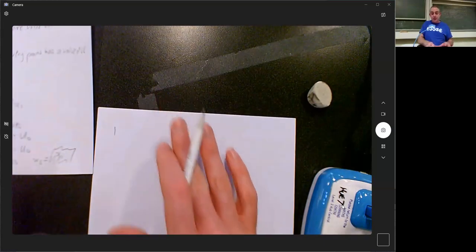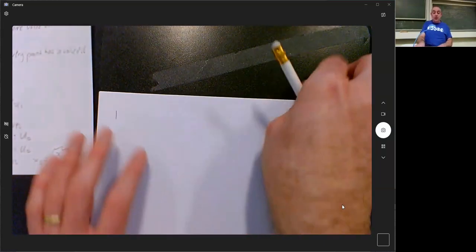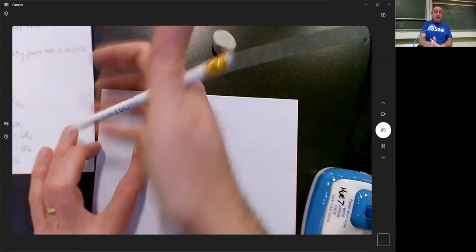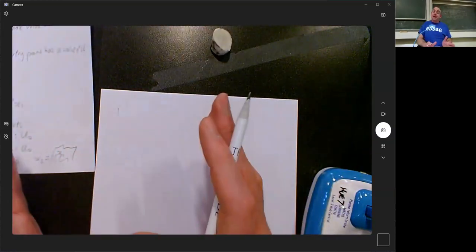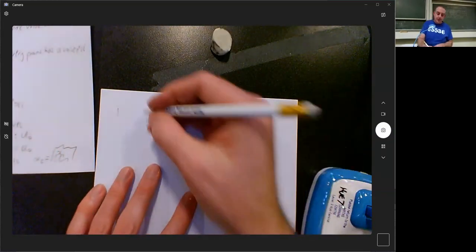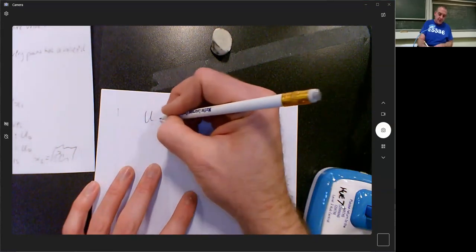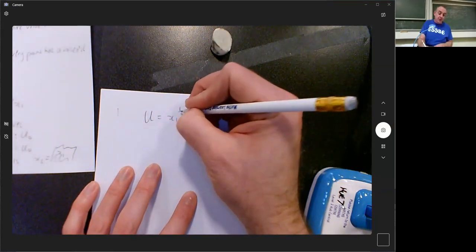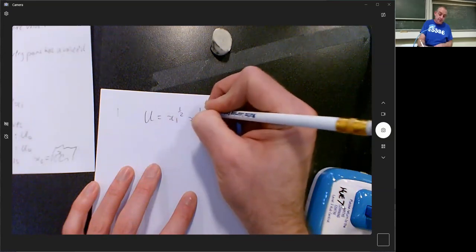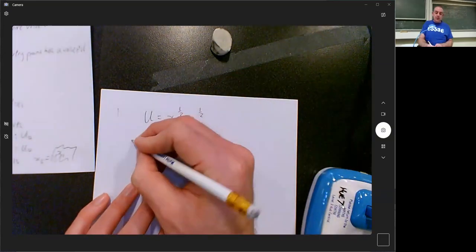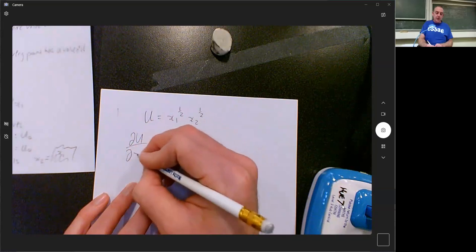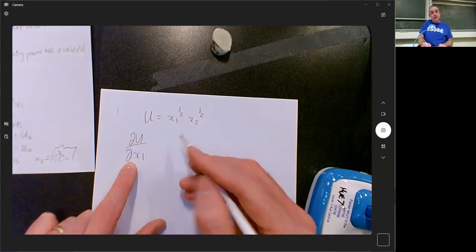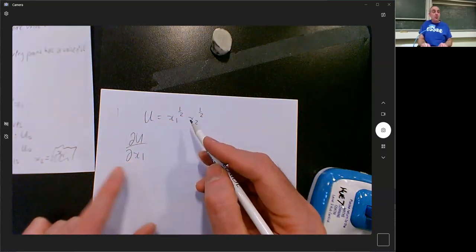So for this question, you weren't explicitly told to find the indifference curves, and so we're not going to do that. So we're going to start again, but I just did want to talk about what the indifference curves were doing. So du on dx1, and this is a curly d because there's 2 variables here, and so we're picking one of those variables.